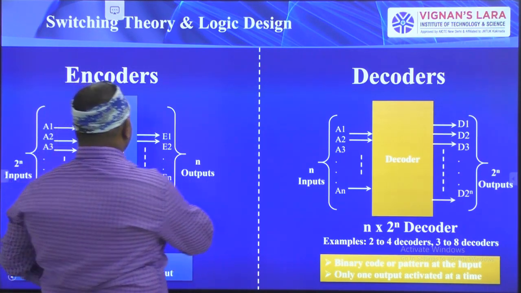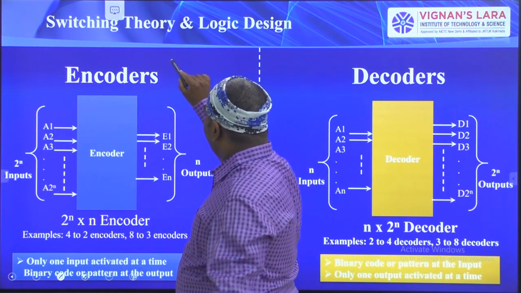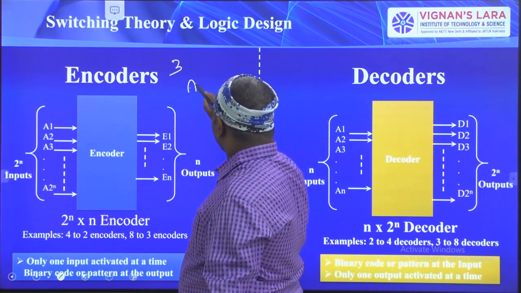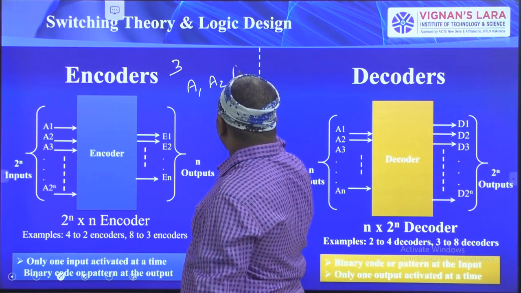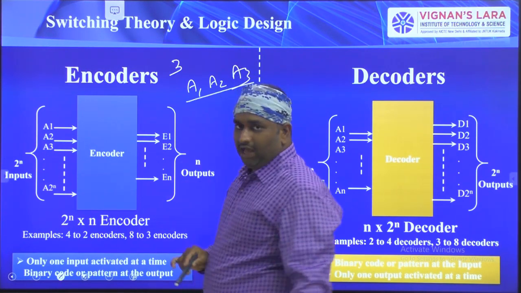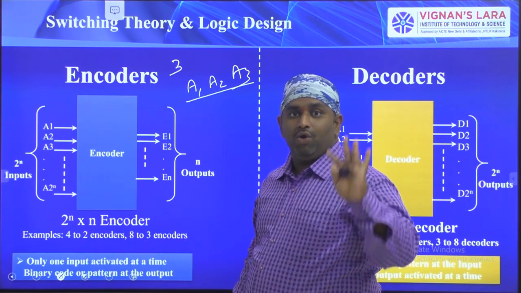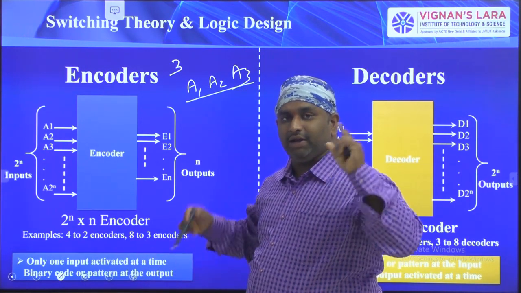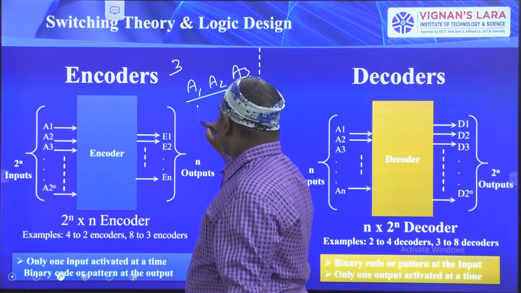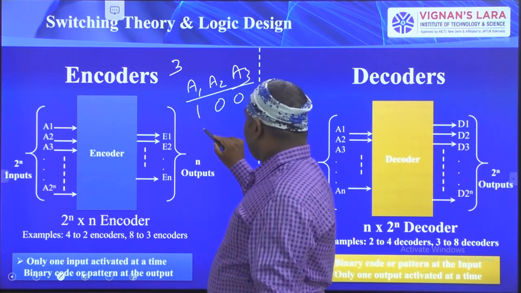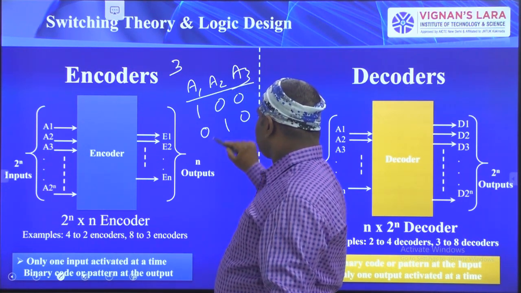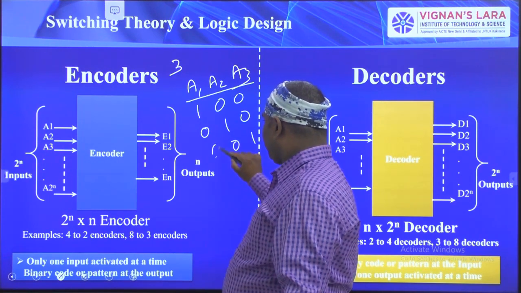So see here, for example, I have 3 inputs, A1, A2, A3. Only one input is activated, and all the remaining inputs are deactivated. If one is 1, the other two are 0. If another is 1, these two are 0.